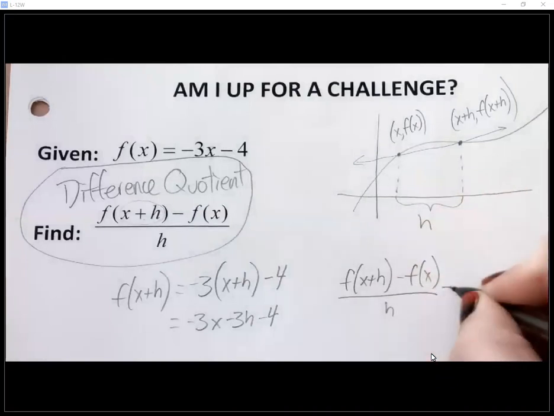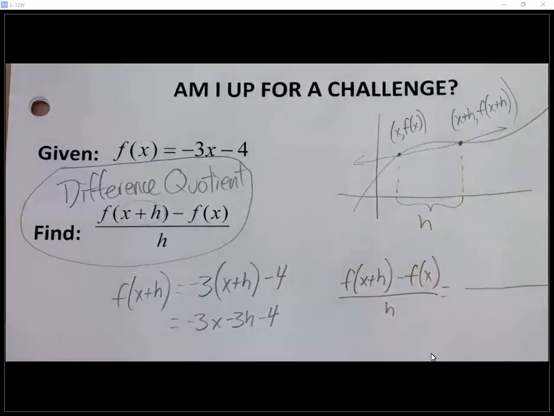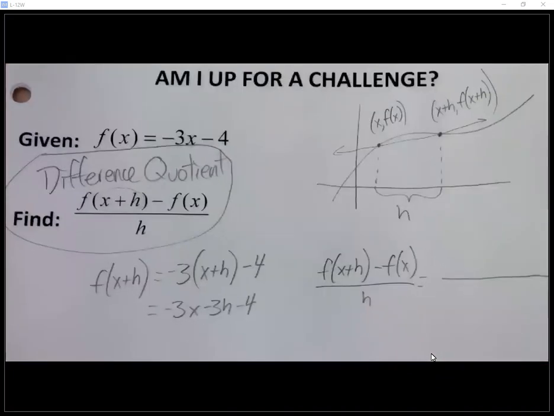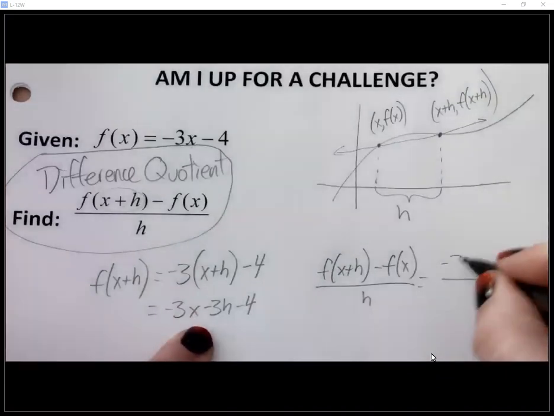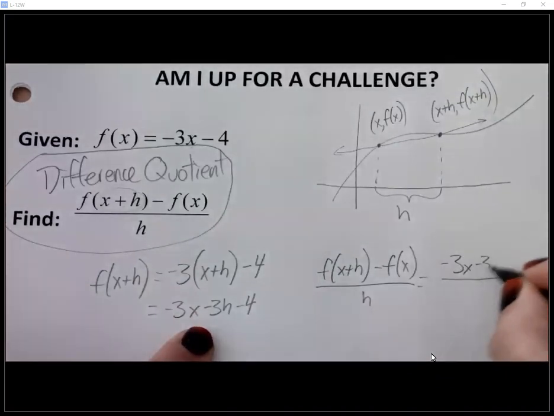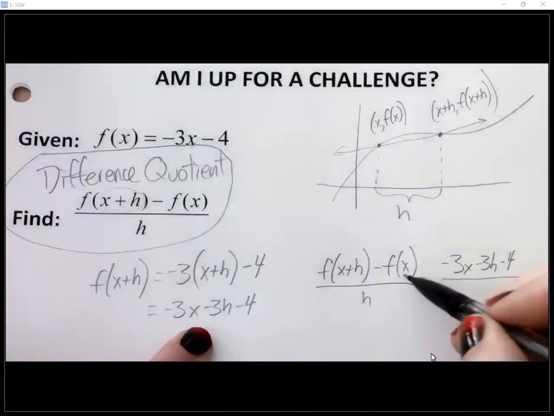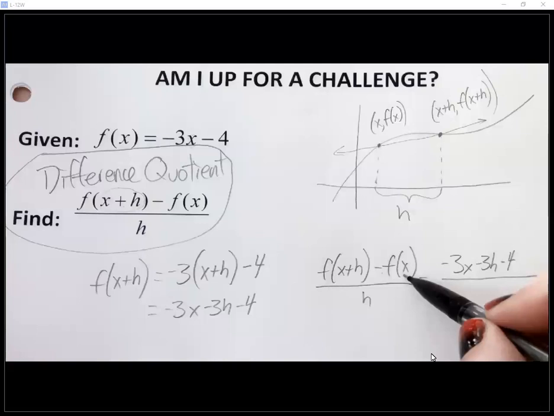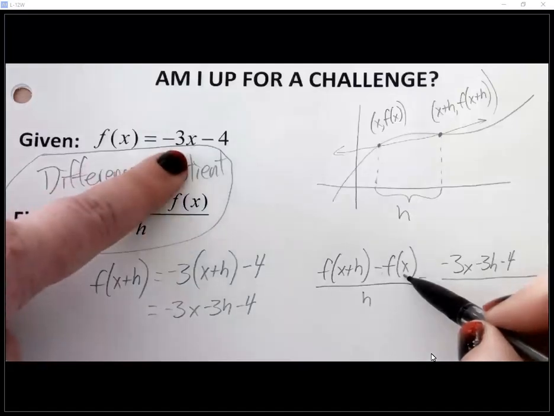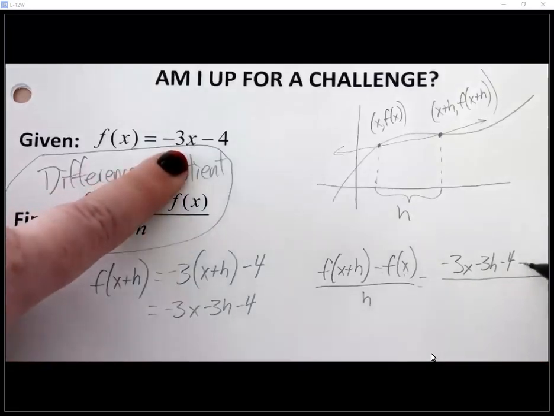So let's pop in all these pieces. F of x plus h, we just did that and we found out it was -3x minus 3h minus 4. And now I need to subtract from that all of f of x. Now be careful, f of x is a binomial, so you need to subtract all of it.